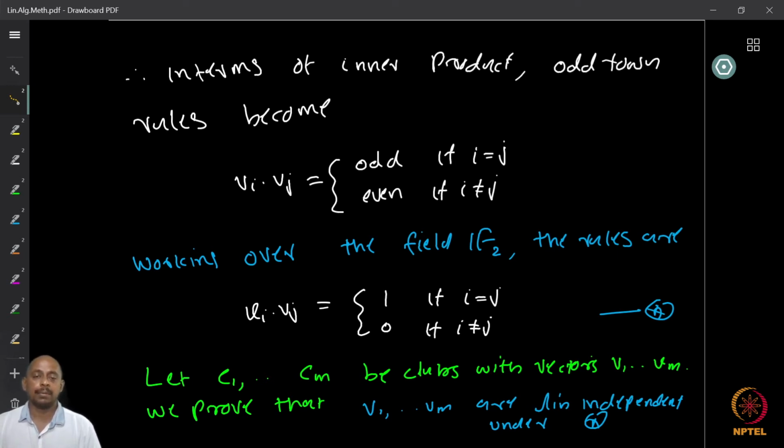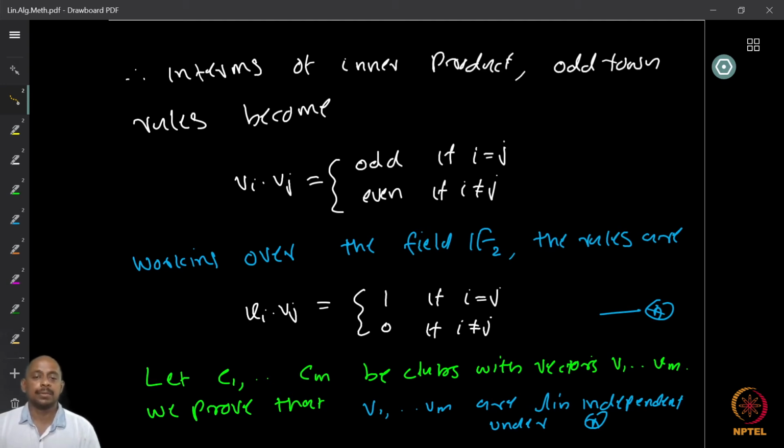An odd number gives you 1 as a remainder, and when it is even, you get 0. Therefore, vi dot vj is 1 whenever i equals j, and 0 when i is not equal to j. This clearly captures the requirements of the odd town rules. Because for any two clubs, the inner product is 1 if i equals j and 0 if i is not equal to j, it should be the case that each club has an odd number of members and any two have an even number in common.